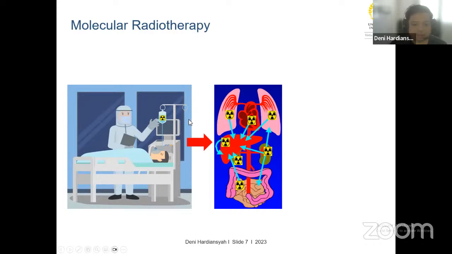If we have these radiopharmaceutical drugs shown by the yellow color, then they will distribute to the lung, the heart, the liver, the kidney, the intestine, and so on. Let's say we have this liver, and we would like to calculate the radiation absorbed dose inside the liver.